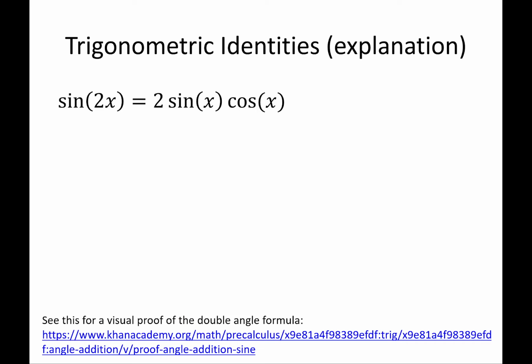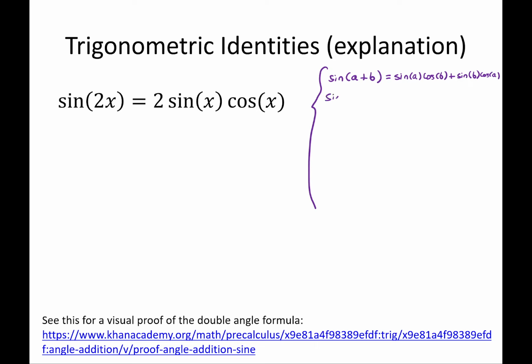Okay, the next trig identity that we're going to use is the sine of 2x identity. The sine of 2x is 2 sine x cosine x. Now where this comes from, it's from the sine of a plus b formula. Sine of a plus b is sine a cosine b plus sine b cosine a.